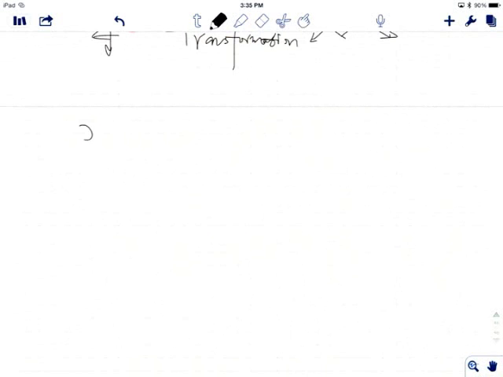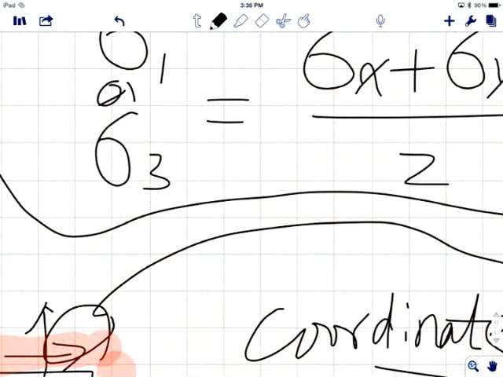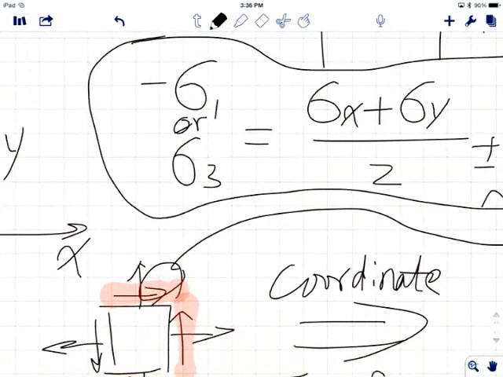So for case B, what's the question? Is there a division sign on the left side of the equation? No, it's just sigma 1. Sigma 1 is your maximum and sigma 3 is your minimum.